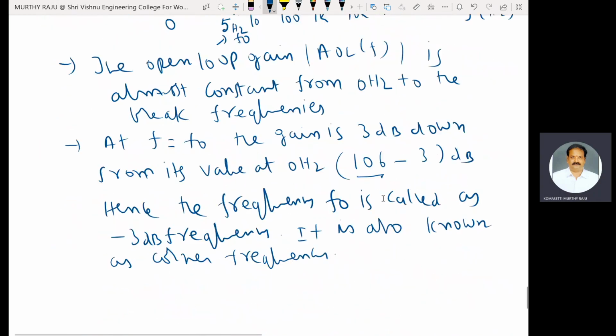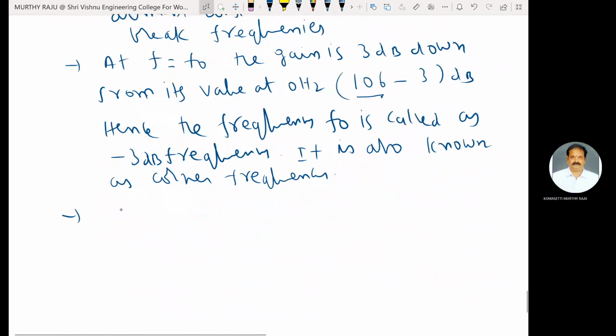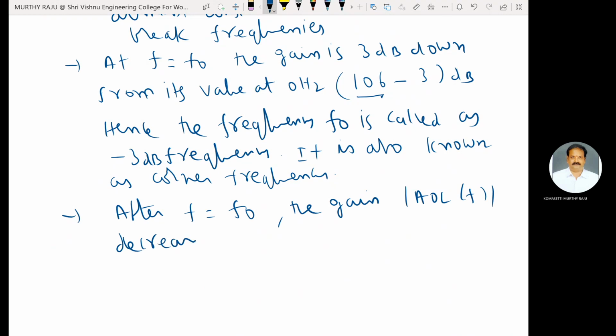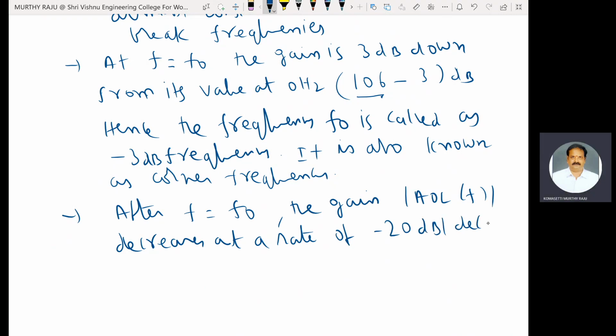The third important point here is that after f is equal to f naught, the break frequency, the gain mod AOL of f decreases at a rate of minus 20 dB per decade or 6 dB per octave.